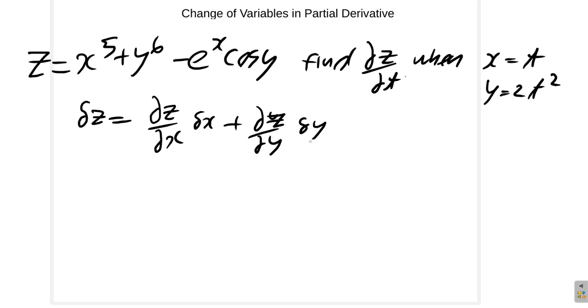You're looking at a change in z being the rate at which it changes with respect to x, so how fast is it changing with x, multiplied by the number of x's, or how long x is.